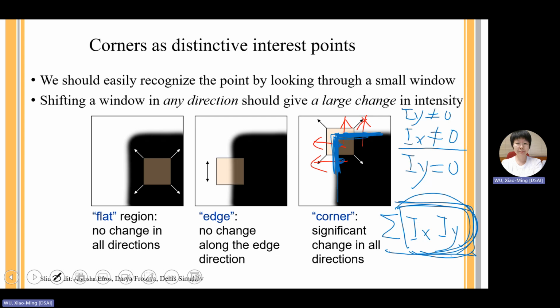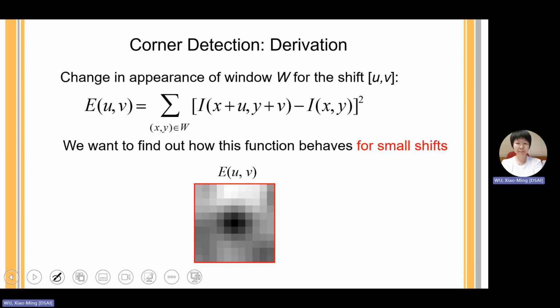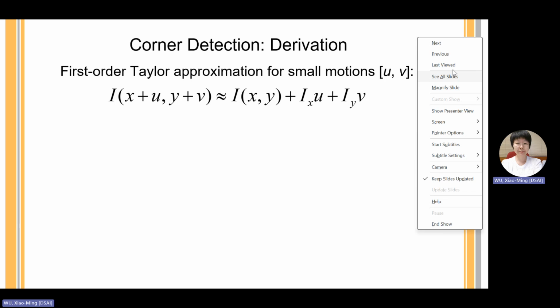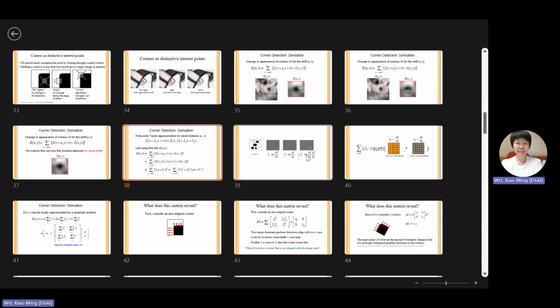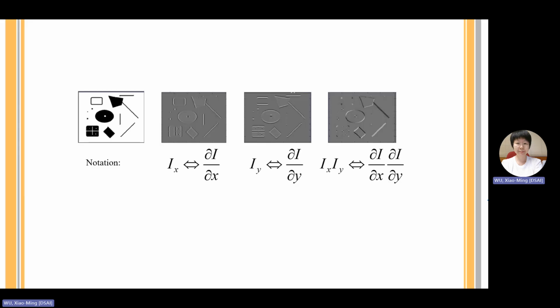So this term Ix multiplied by Iy will always be 0. Can you get the point? Okay, well, for example, look at this. What happens when Ix is multiplied by Iy? You get nothing.